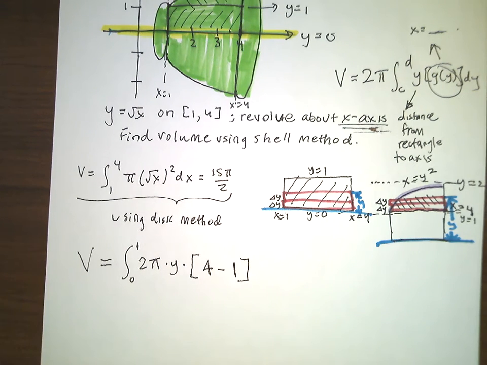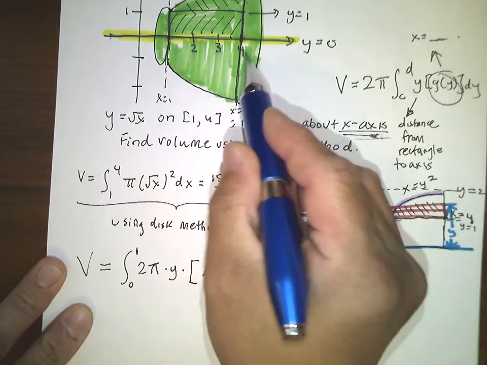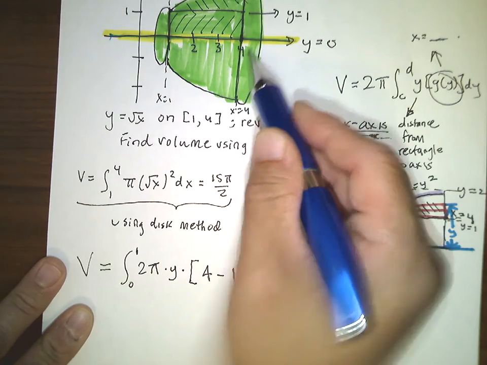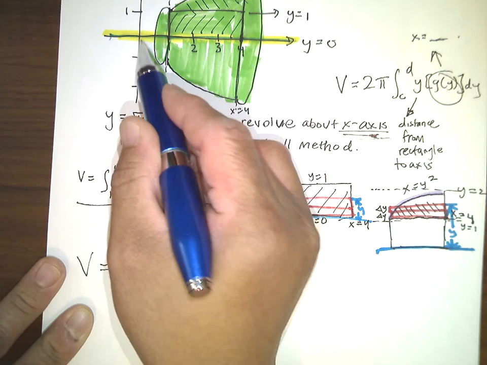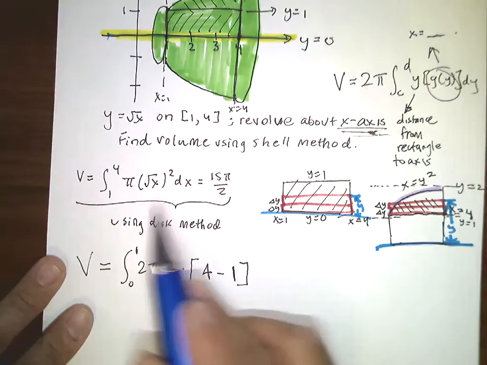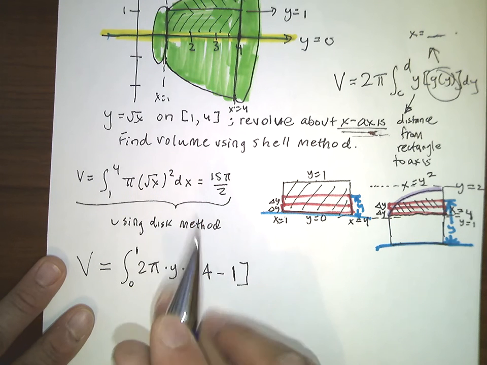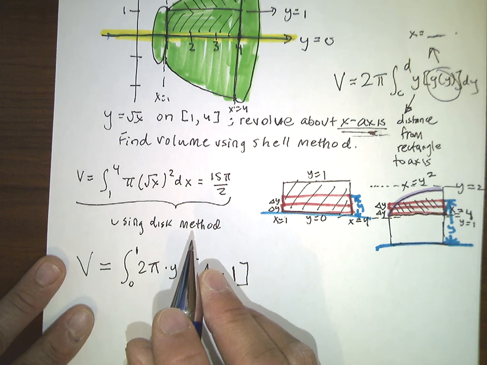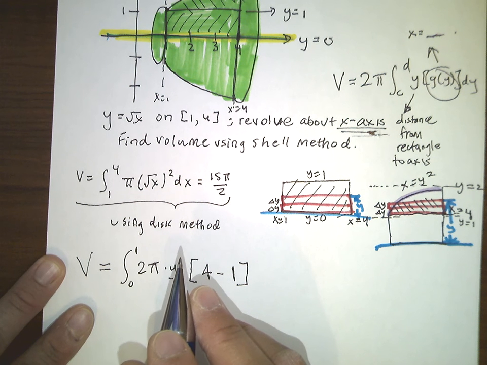Now this might seem a little bit strange, but we are going from x equals 4 to x equals 1, and not say x equals 4 to x equals 0. So that's why this is a little bit more difficult, of course, than using the disk method.